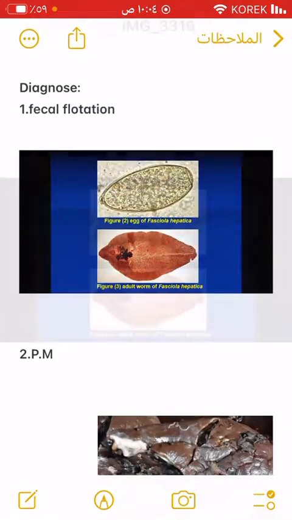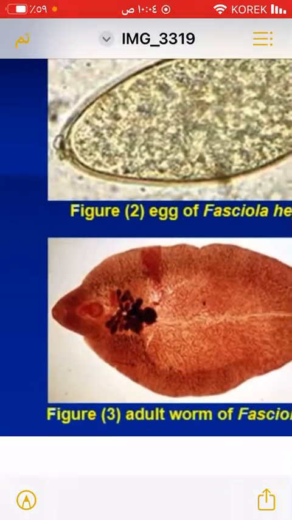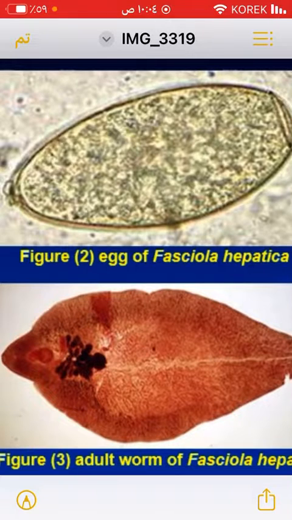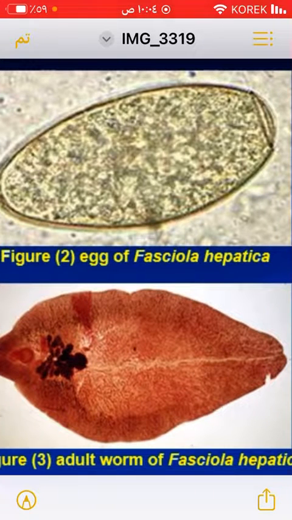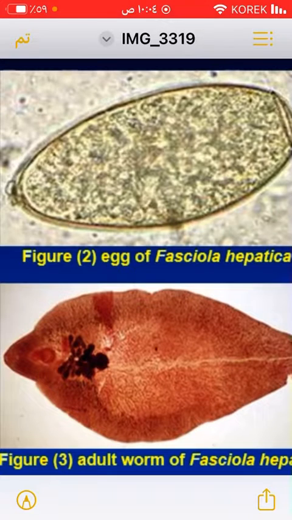And sorry, this is the adult form of Fasciola hepatica. It's easy to determine, not like, for example, coccidia. It's a little hard to find the species of Eimeria and other species. But Fasciola hepatica is easy to find in fecal flotation.